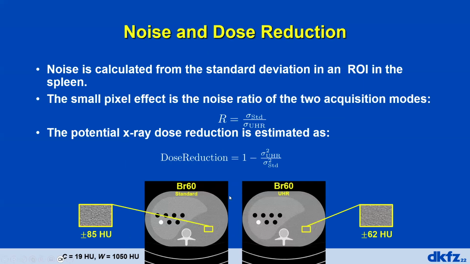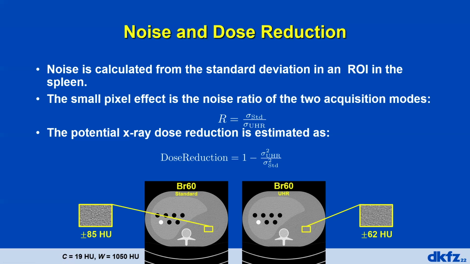Left-hand side is an acquisition performed with the standard mode of the detector, resulting in an image noise of 85 Hounsfield units. And on the right-hand side, you see an acquisition using the ultra-high resolution mode, also reconstructed to the same spatial resolution and acquired at the same radiation dose. And we see that this only shows a noise level of 62 Hounsfield units.